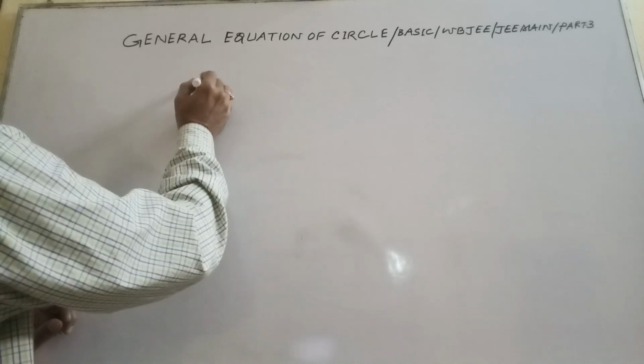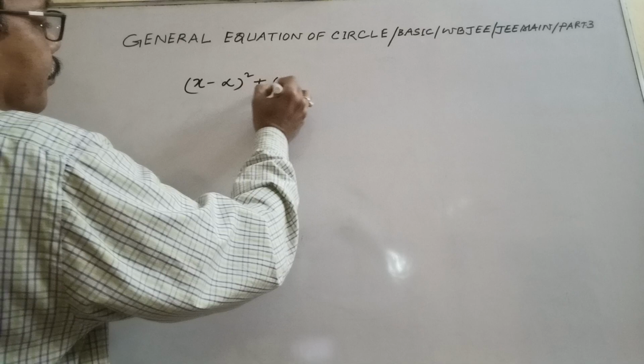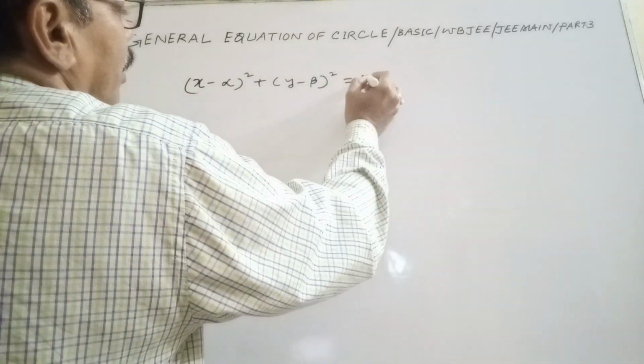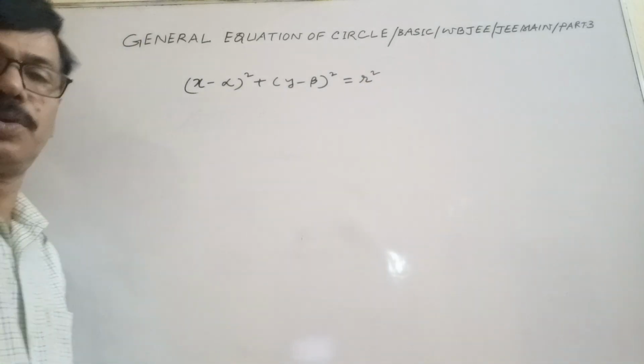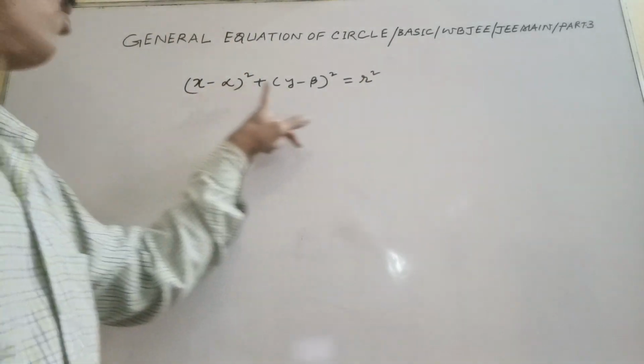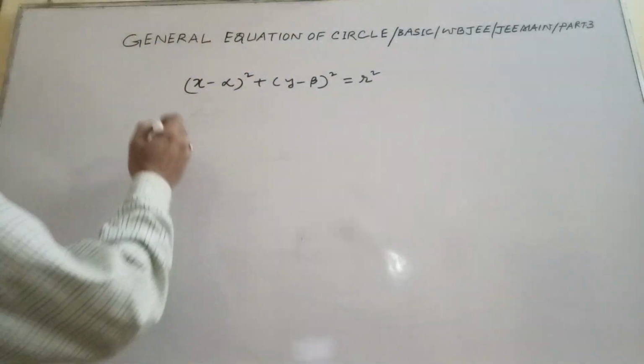We know the equation of a circle whose center is at (alpha, beta) and radius r can be put in the form (x minus alpha) whole square plus (y minus beta) whole square equals r square.